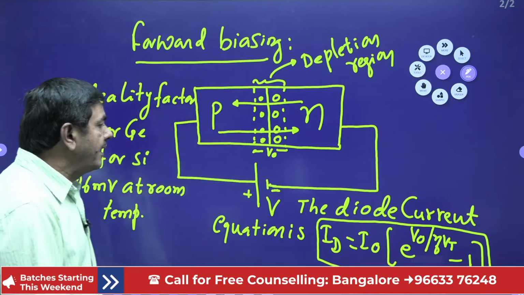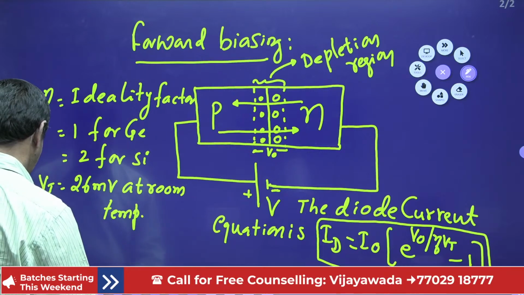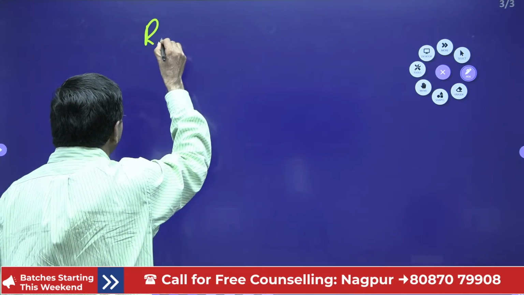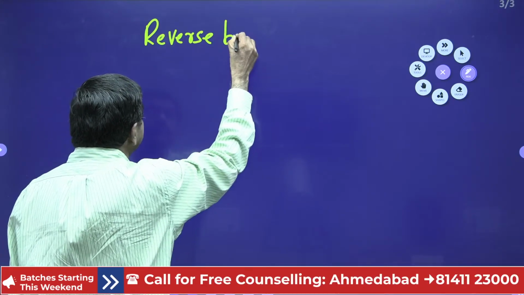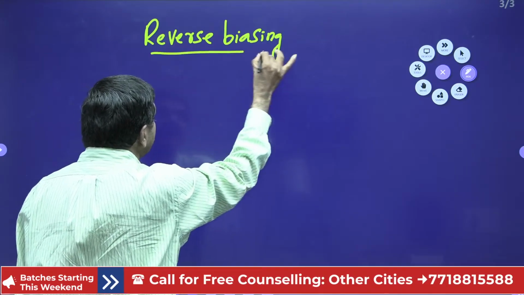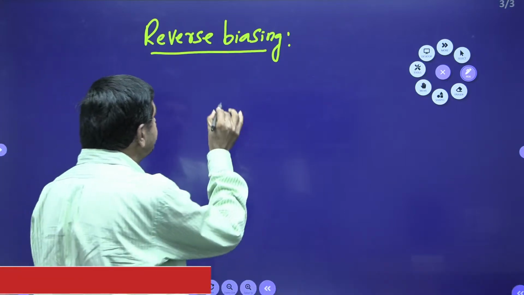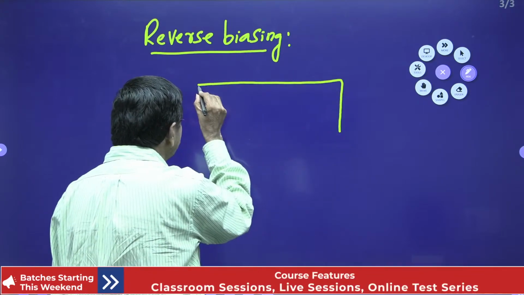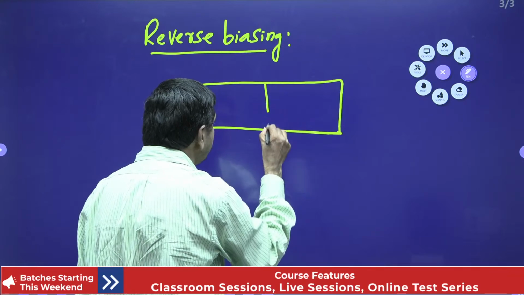But when the diode is reverse biased, how can we explain this? Reverse biasing of a PN junction. I selected a PN junction diode.